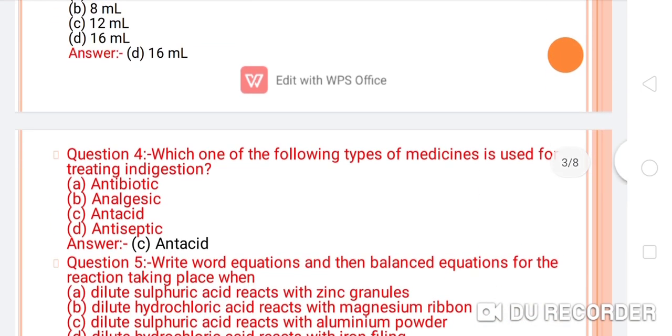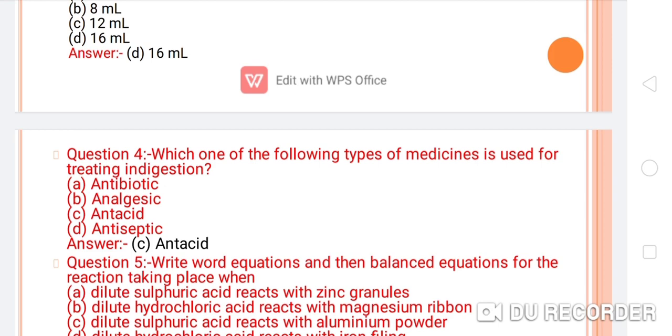Now question number 4. Which one of the following types of medicines is used for treating indigestion? As you know, when indigestion takes place in our stomach, acid is secreted, and we suffer from acidity.